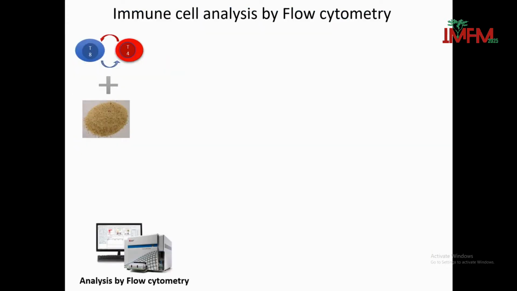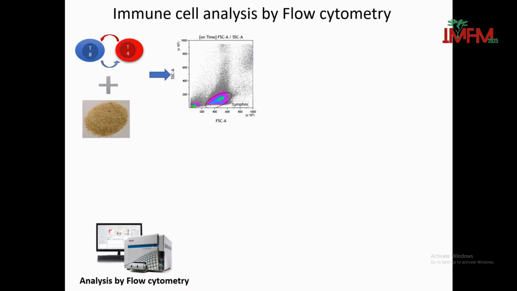We have used flow cytometry as a readout. For flow cytometry, we first expose the cells, then we analyze the cells in the machine, and the machine gives you a result for each cell. Each dot you can see on the dot plot represents one cell.